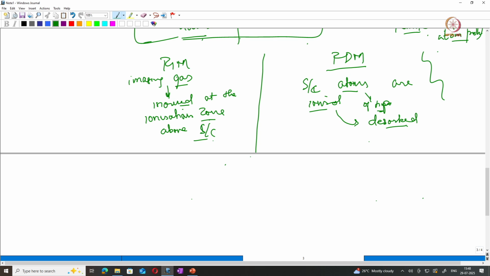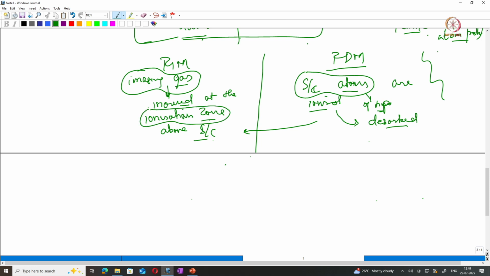So the trajectory of ions originating from the surface atoms of the tip will be slightly different from the trajectory of imaging gas ions, which are accelerated along the field lines from the ionization zone ahead of the tip surface.